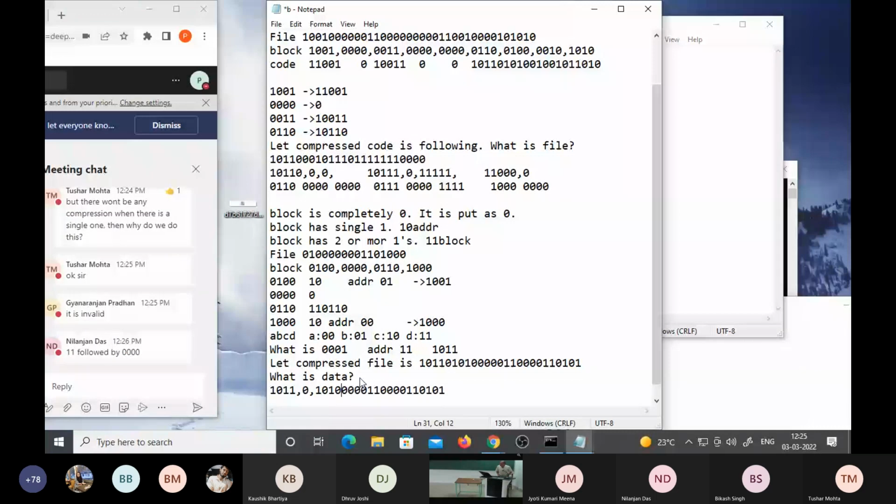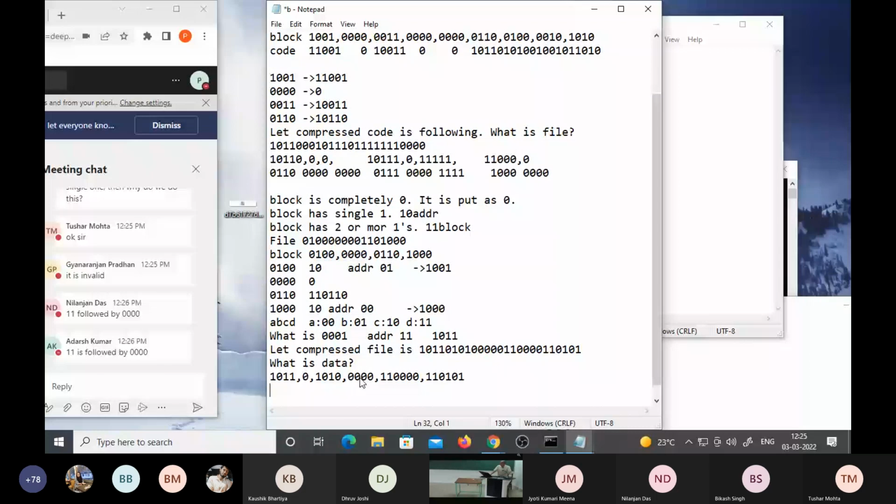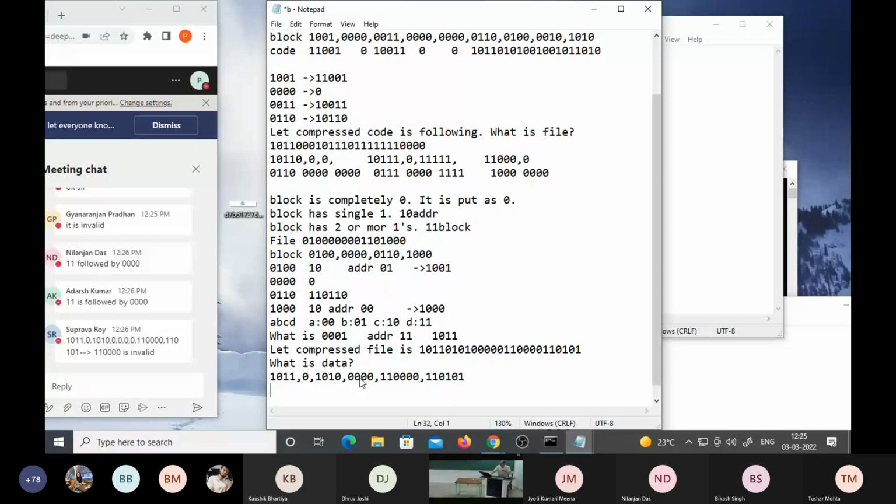This 10 means address. This 11 means this. This means this. That is correct. Fully correct. Yes. That is correct. I made a mistake.